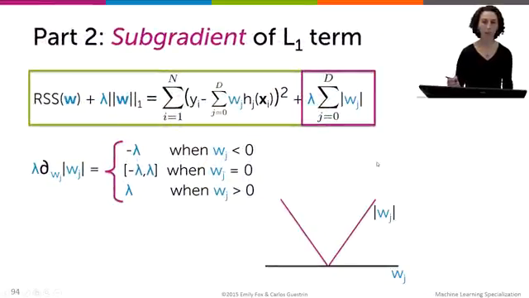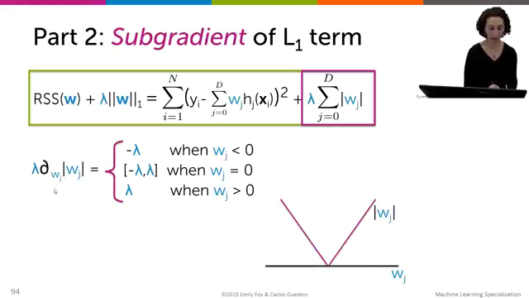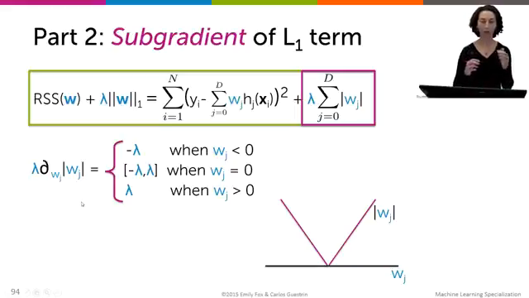So now that we've had our detour into the world of subgradients, instead of the partial of this L1 term, we can talk about the subgradient of this L1 term, where here we get lambda times the subgradient. We already know the subgradient of the absolute value is the range -1 to 1. So lambda times the subgradient of the absolute value is going to be minus lambda to lambda when wj is equal to 0. And remember that the subgradient is defined at that problem point, wj equals 0.